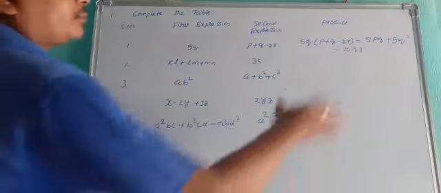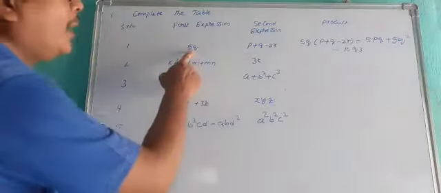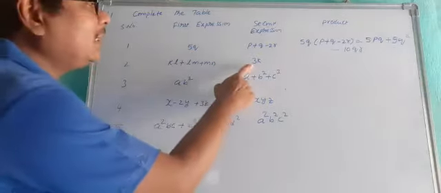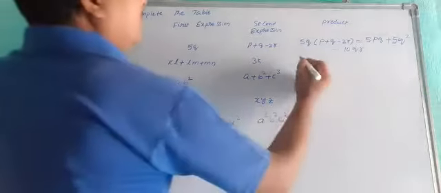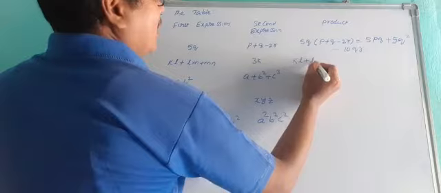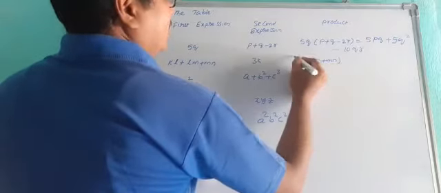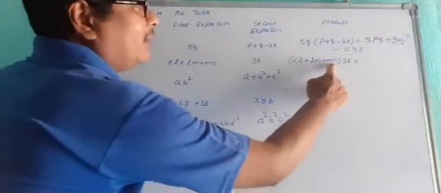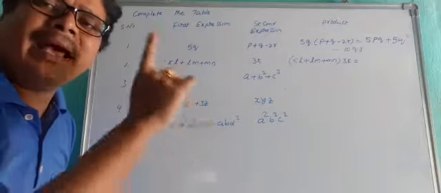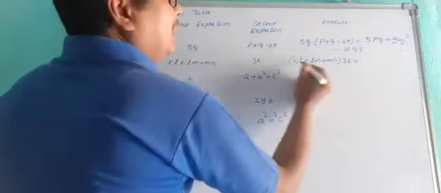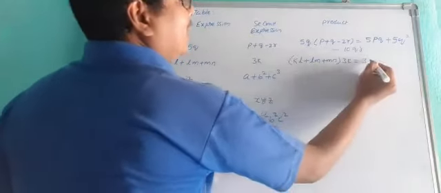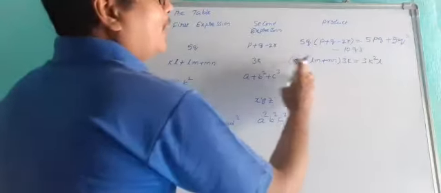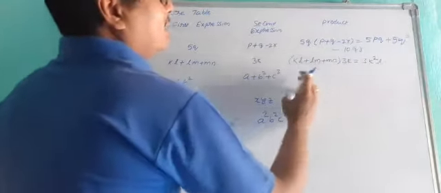So this is the product of one monomial with trinomial. Next, the trinomial kl, lm, mn into 3k. That means we have to multiply each and every term of the trinomial with 3k as the monomial. So 3k into kl: 3 ones are 3, k into k square into l, so 3k square l.